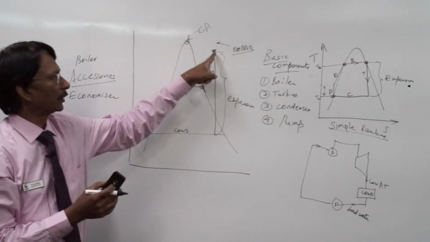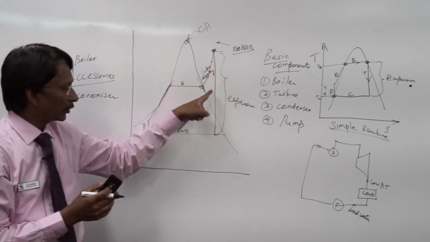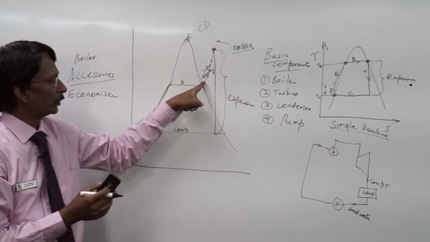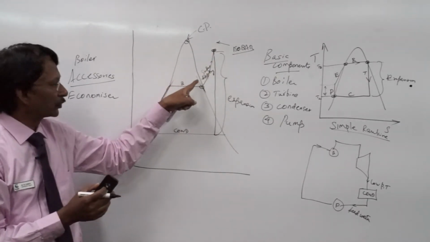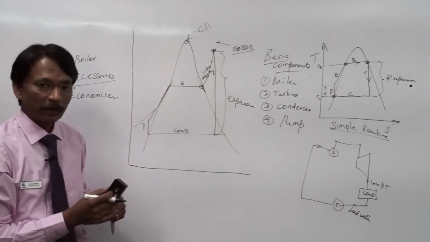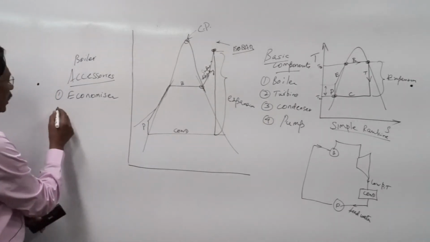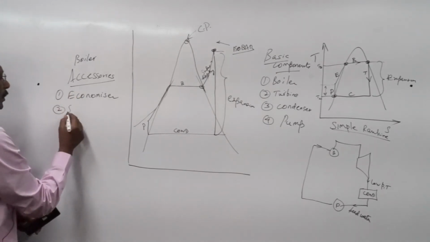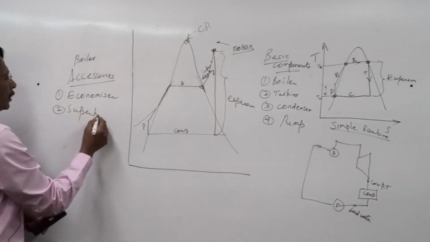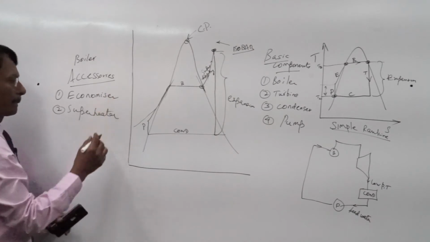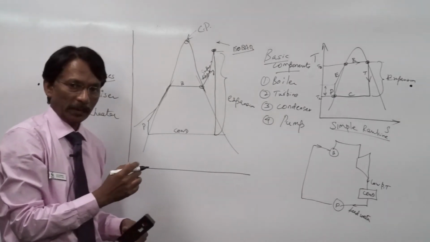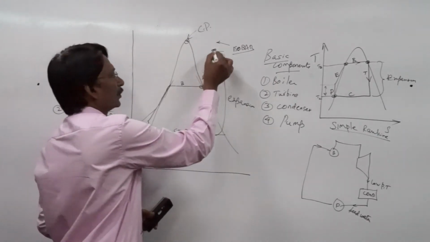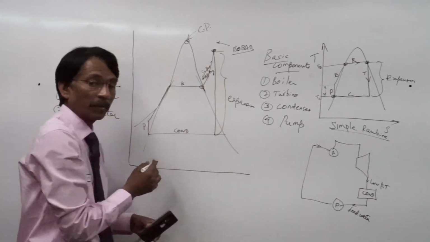I am able to get greater work output from steam because of superheating. So, the superheating is done in a device called superheater. That is another accessory I would call superheater. The steam superheater. So, because of superheating, you are able to get greater output from steam.